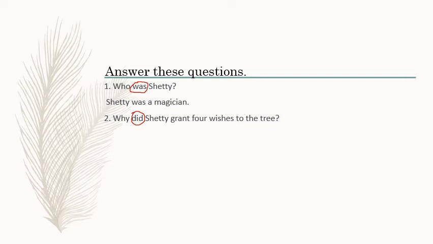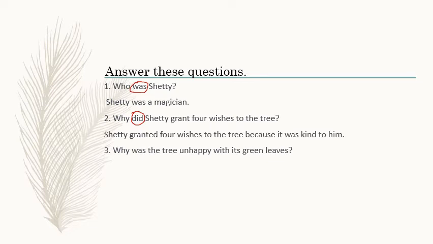Now grant will become granted. Why? Because did is there, past tense is there, so it will be granted, because the past of grant is granted. So Shetty granted 4 wishes to the tree because the tree was kind to him. So here the answer is that Shetty granted 4 wishes to the tree because it was kind to him.